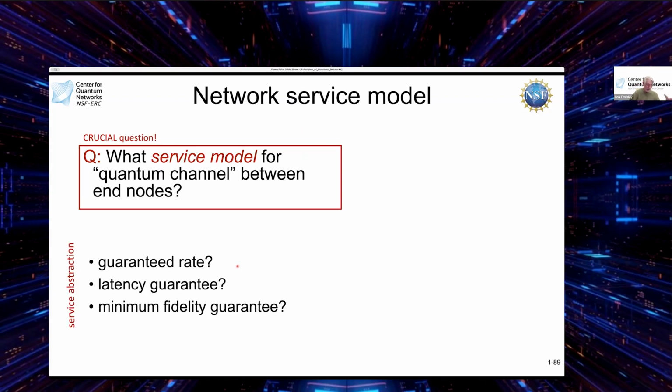Should it provide a guaranteed rate, some sort of latency guarantee? One thing different between quantum and classical is that the quantum information can suffer from noise. So should the service provide a minimum fidelity guarantee? And this is really the most important abstraction that would be provided by a quantum network layer.